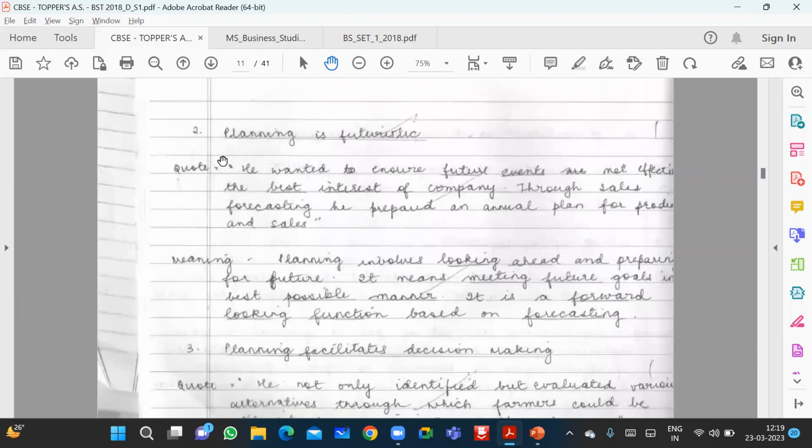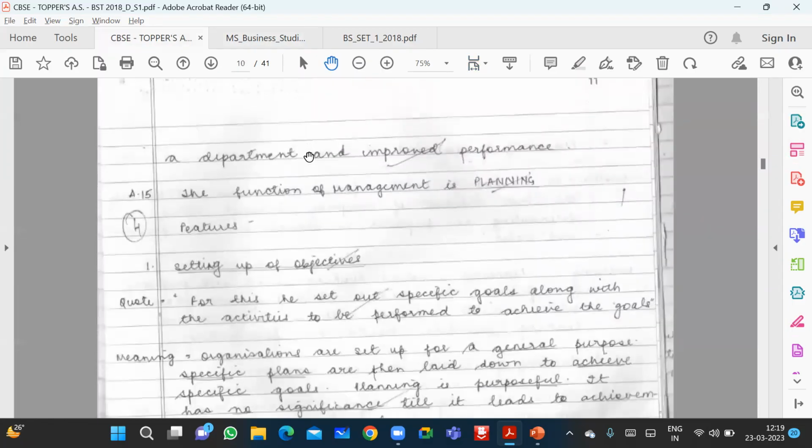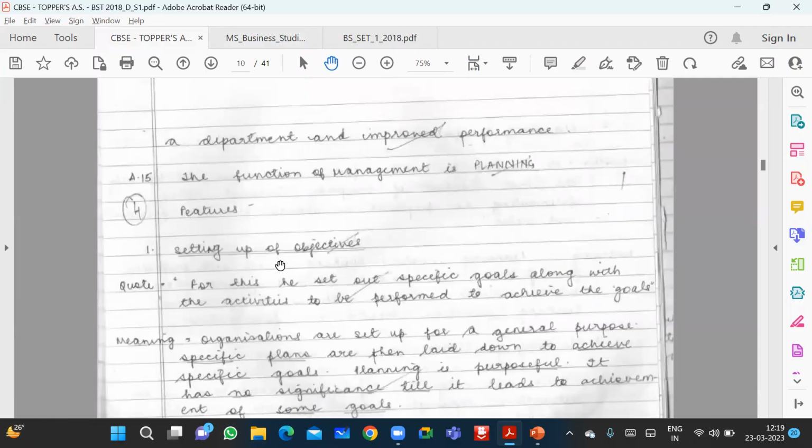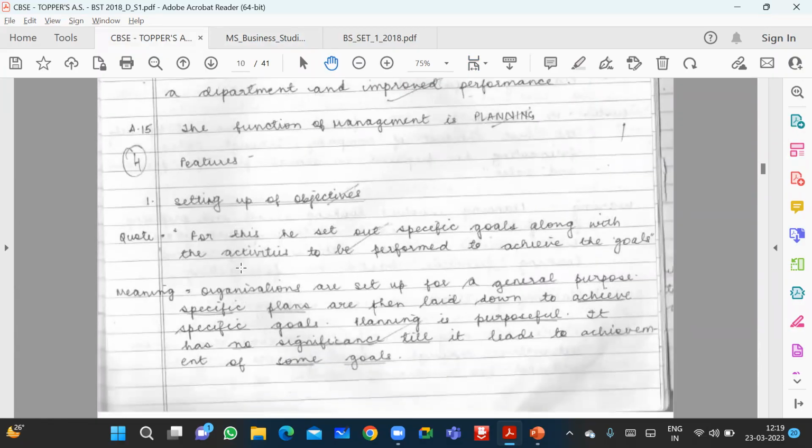The answer to this question is, number 1, planning. The first point he has written is setting objectives, and the student has spotted the line. If the line is too lengthy, then you don't need to write the entire line. You can just simply use the first 4 to 5 words and then put dot, dot, dot. So that will also be sufficient.